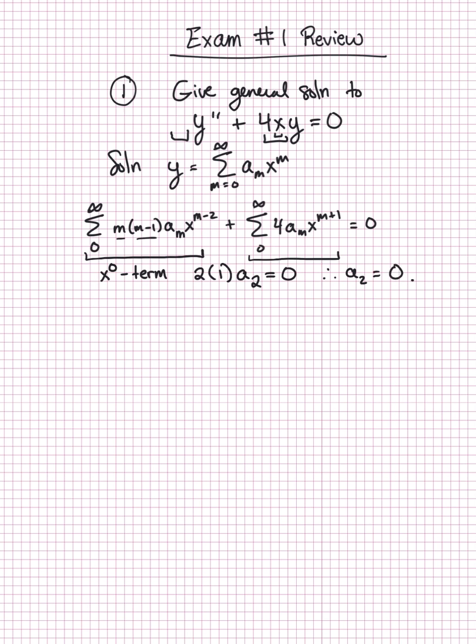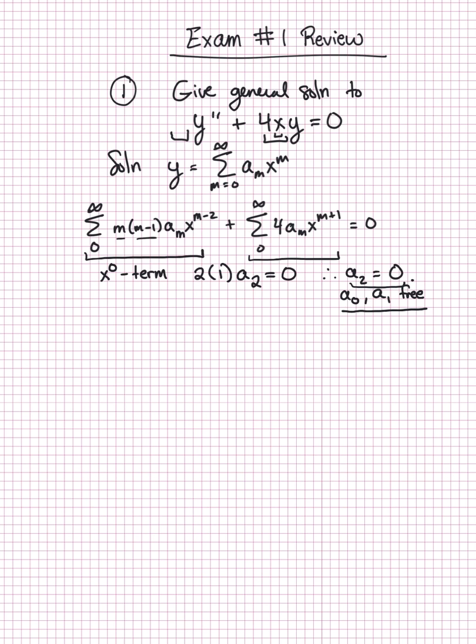Now, a0 and a1 are going to be completely free, and from this we can set up our recurrence relation to figure out all the future coefficients from a0 and a1. The fact that a2 is equal to 0 is going to imply that further terms will also equal 0, and we'll see that soon.